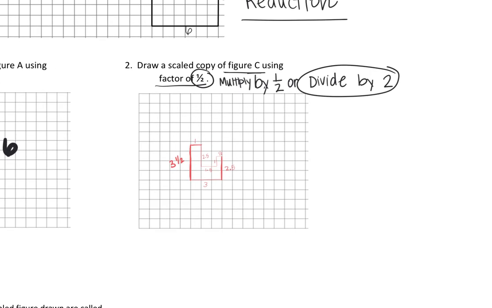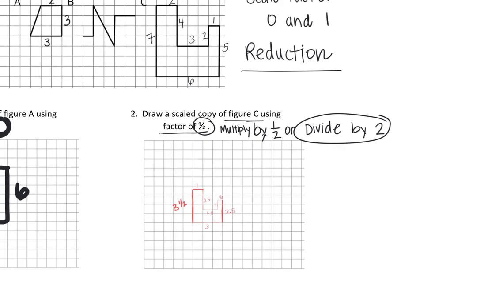All right, and that is number 2. It's a reduction. Okay, la parte 2, número 2, hice una reducción que siempre es una fracción entre 0 y 1. En este caso es una reducción de 1 sobre 2. Hay 2 opciones, o multiplicar por 1 sobre 2, o la otra opción que tienen es dividir por 2.